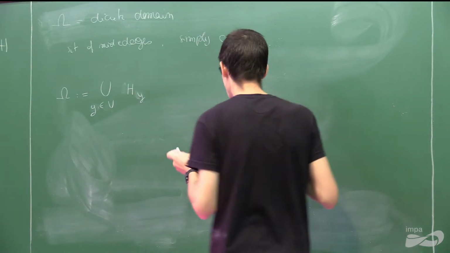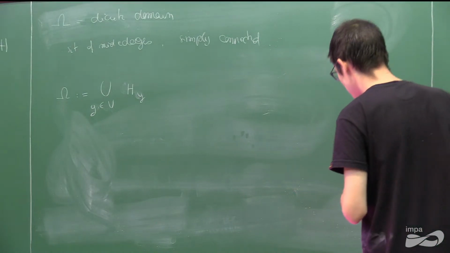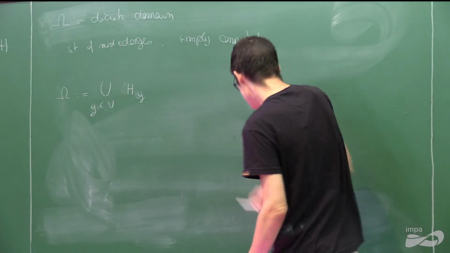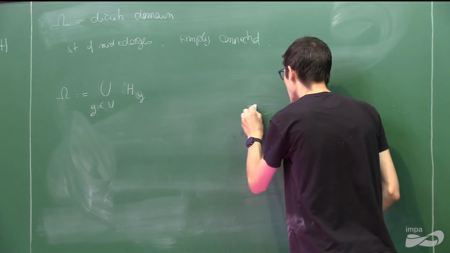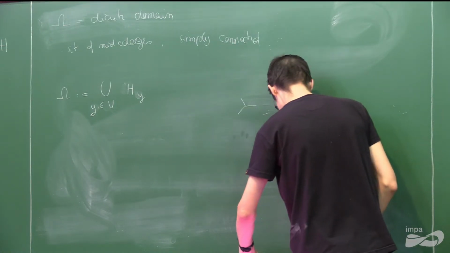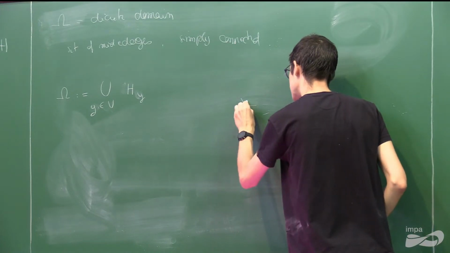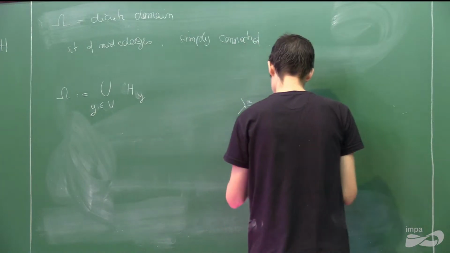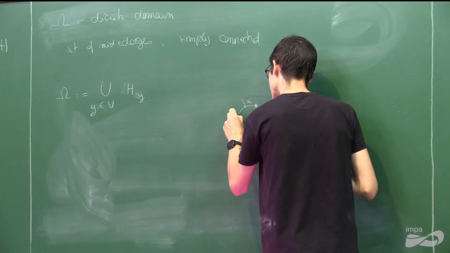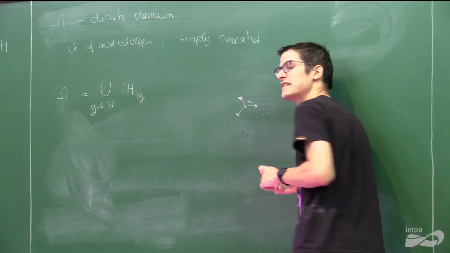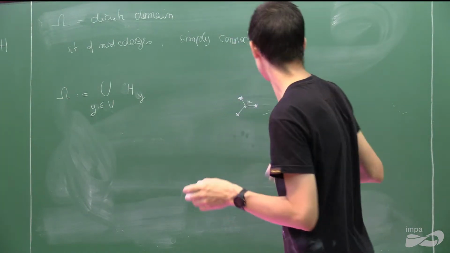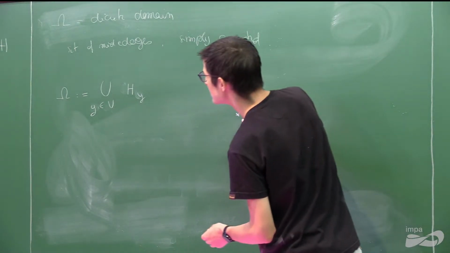So I want, my thing will be a domain if it's simply connected, it's a simply connected set of mid-edges, and if it's a union of this kind of star. So if X is a vertex, you have 3 mid-edges that are adjacent to X. Okay? So this is one possibility.